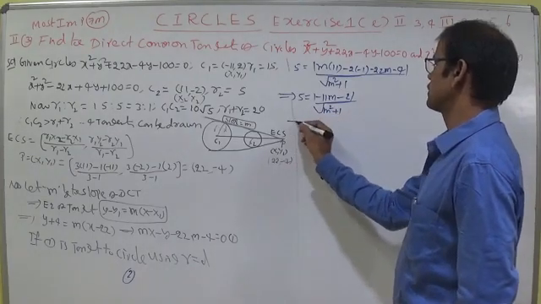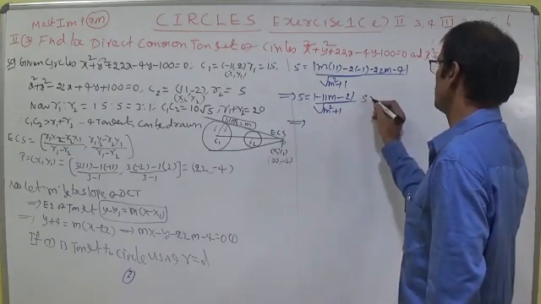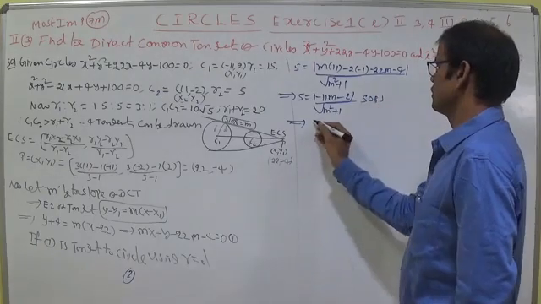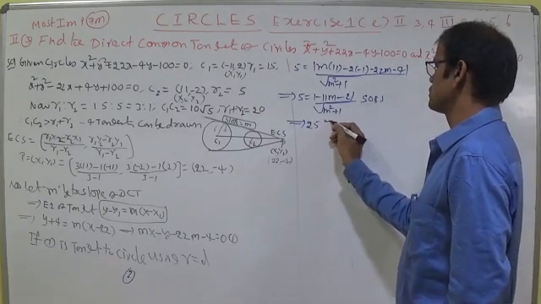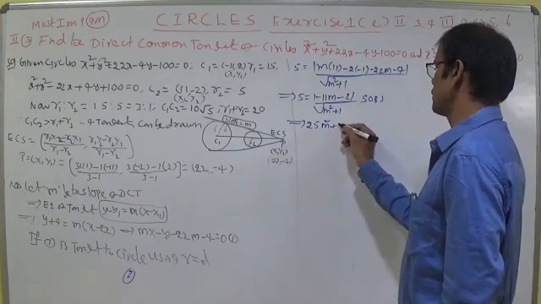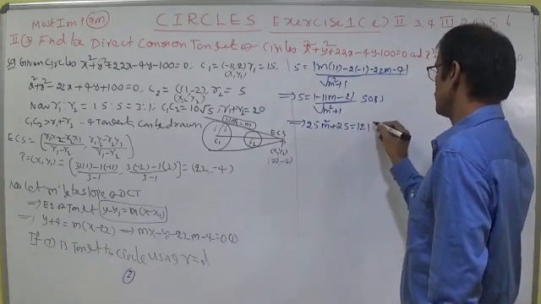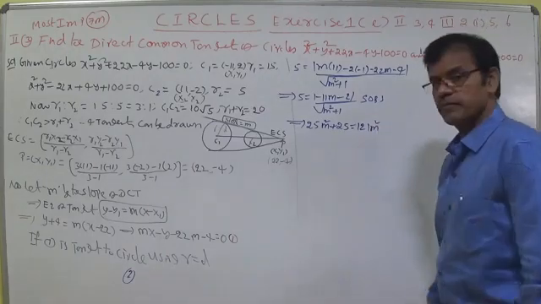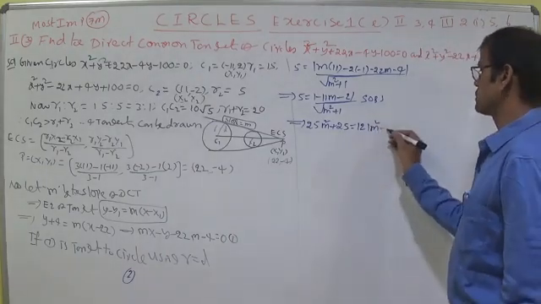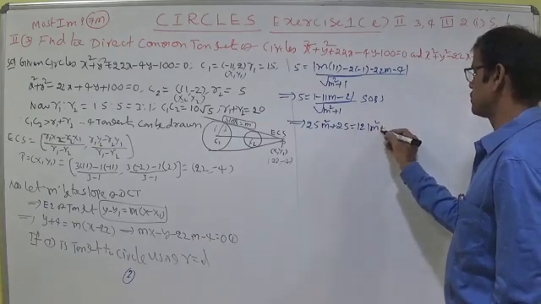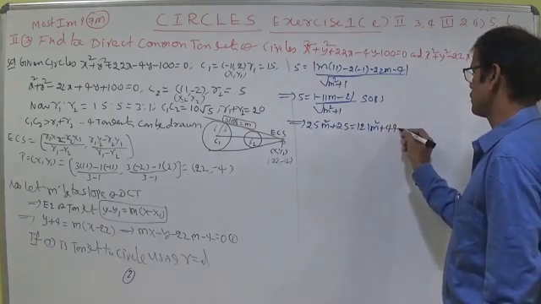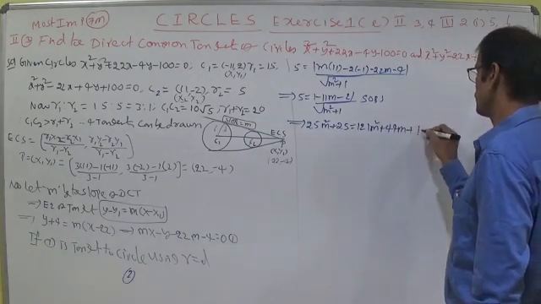That implies, squaring on both sides, it becomes 25m square plus 25 is equal to 121m square plus 2 11s are 22, 22 2s are 44m plus 4.